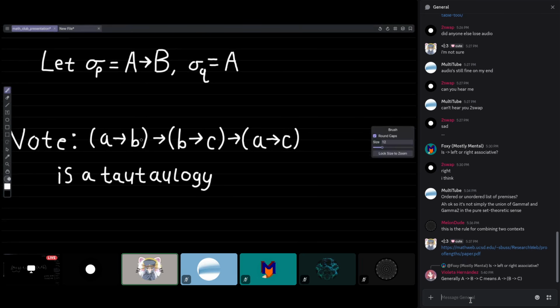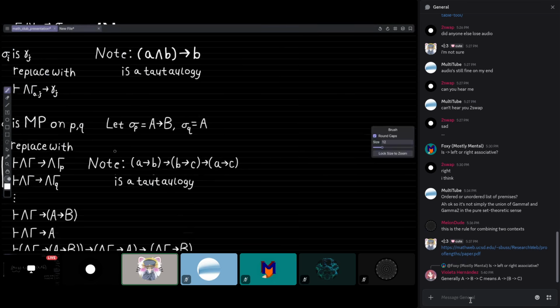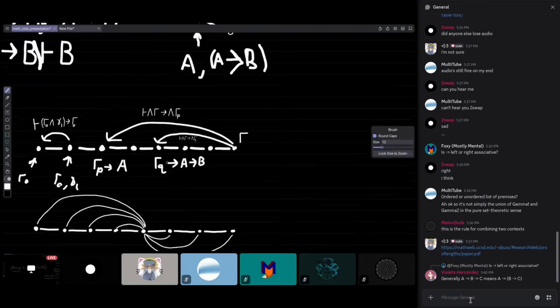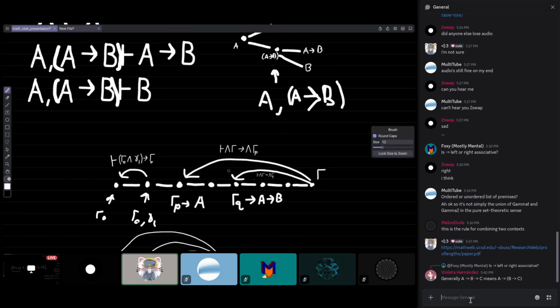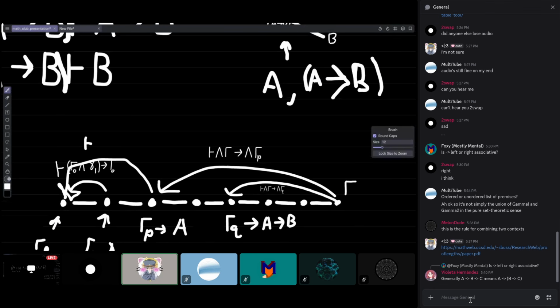So if you have A implies B and B implies C, then A implies C. So this is something you can prove. So if you have two of these transport lemmas and they line up, then you can compose them into a bigger transport lemma.